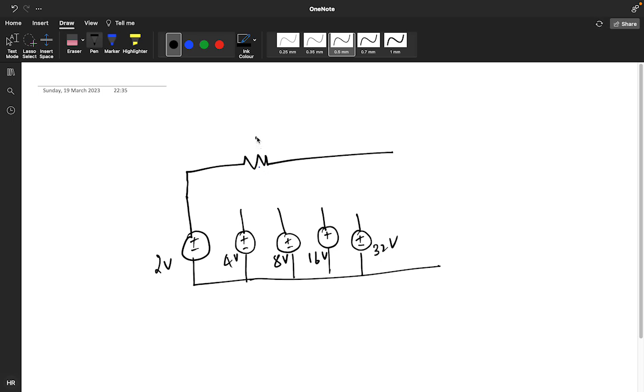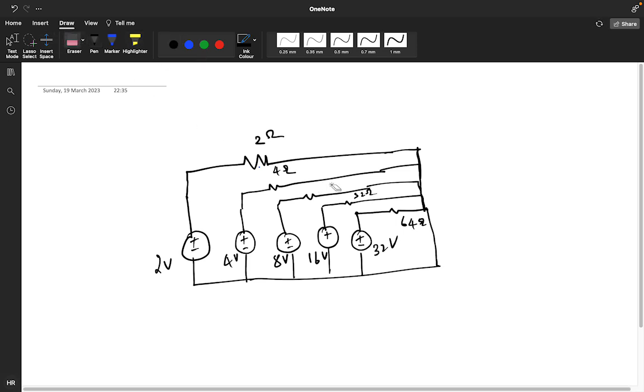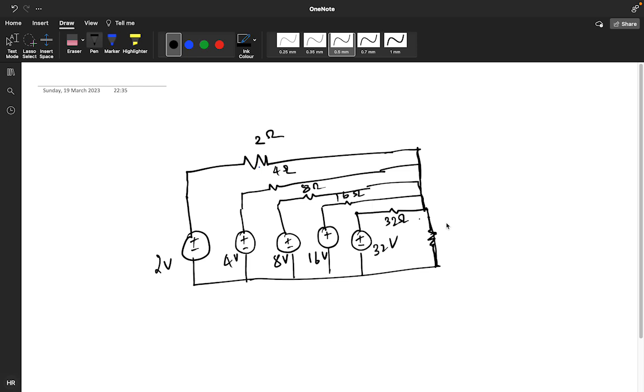The resistances are given as 2 ohm, 4 ohm, 8 ohm, 16 ohm, 32 ohm, and here it is given as 64 ohm.